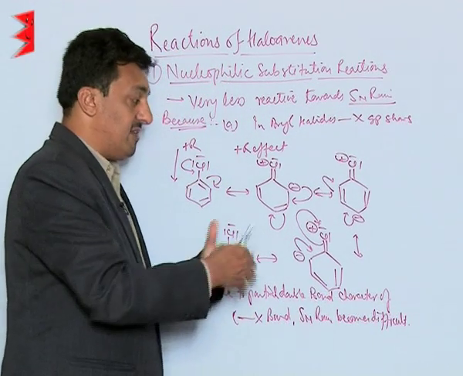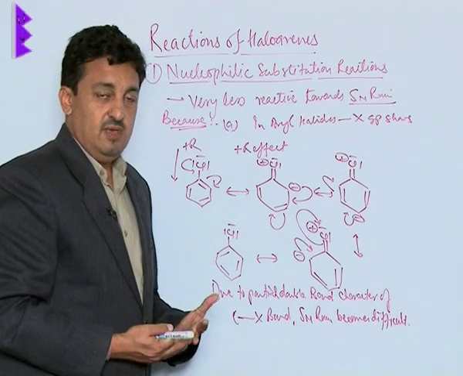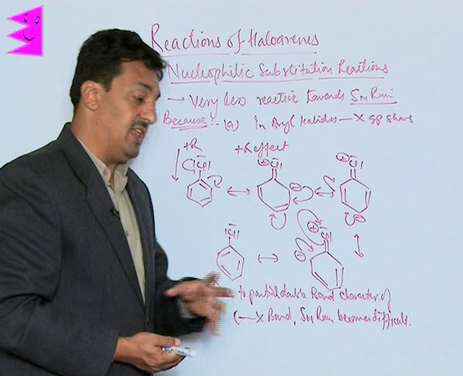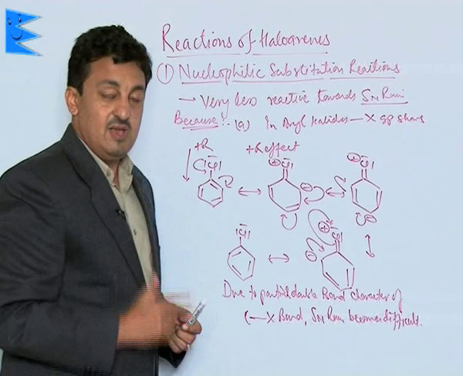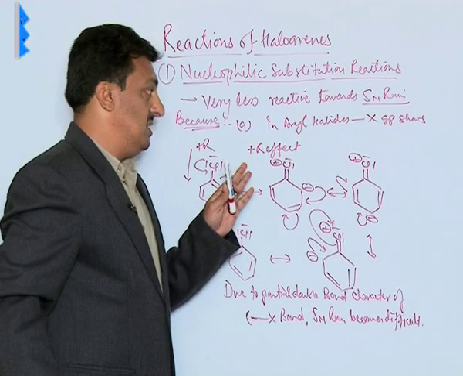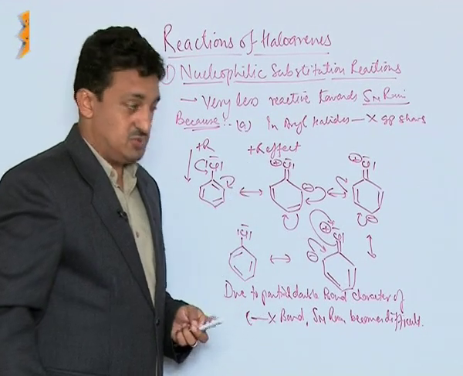The reason being, it's very difficult to break a 1.5 bond or a partial double bond, and it's much easier to break a single bond, whereas in alkyl halides we always have a single bond. That's the first, major reason for the less reactivity towards nucleophilic substitutions.